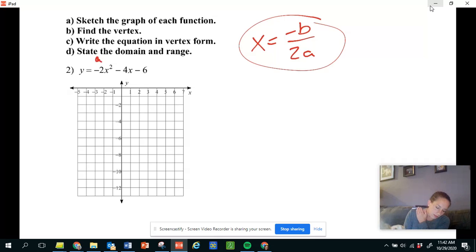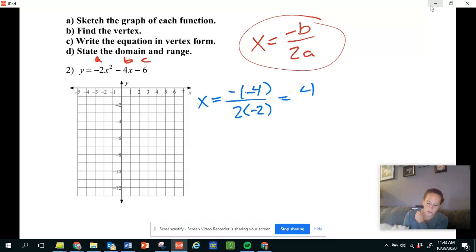So with standard form, I've got a, b, and c. So for the x of the vertex, I'm going to do -b over 2 times a, which ends up giving me +4 divided by -4, which is -1. So that's the x of my vertex, or the axis of symmetry.